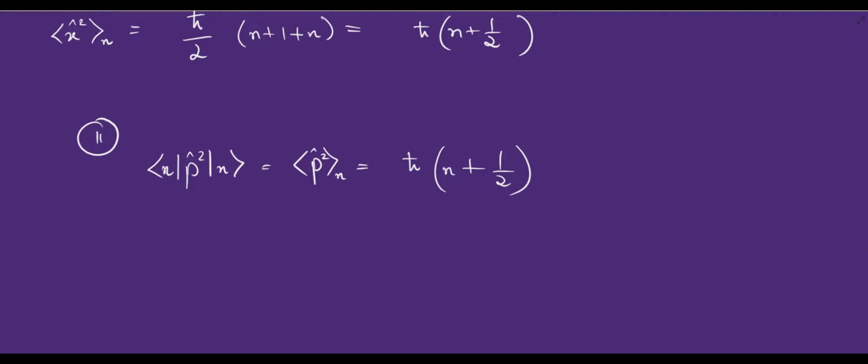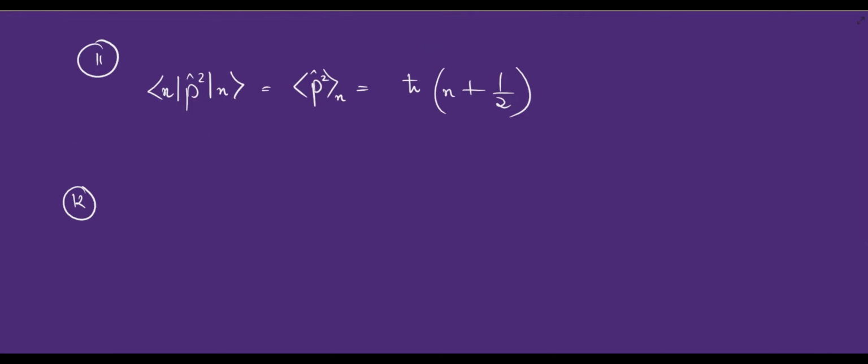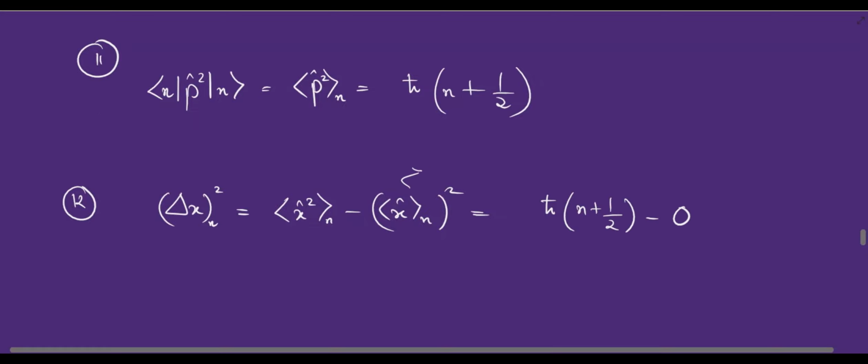Now let us calculate the variances. So delta x n square is equal to the expectation of x cap square minus the square of the expectation of x cap. So this will be equal to h bar into n plus half minus 0, because this was equal to 0.